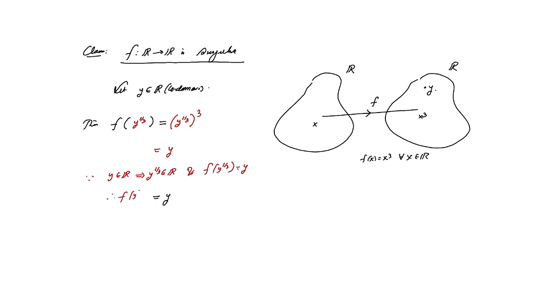Thus f of y to the power 1/3 equals y for all y belongs to R. Why? Because this y is basically arbitrary, in the codomain.